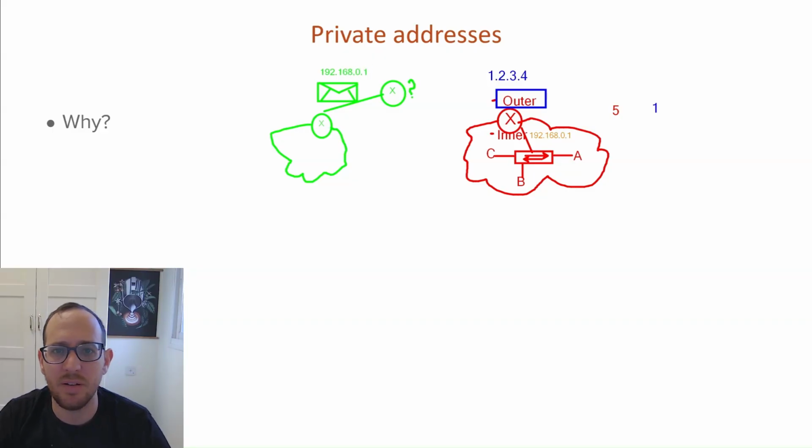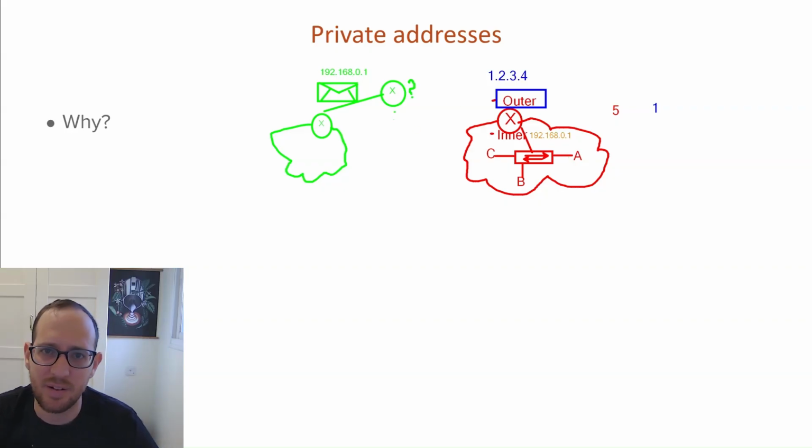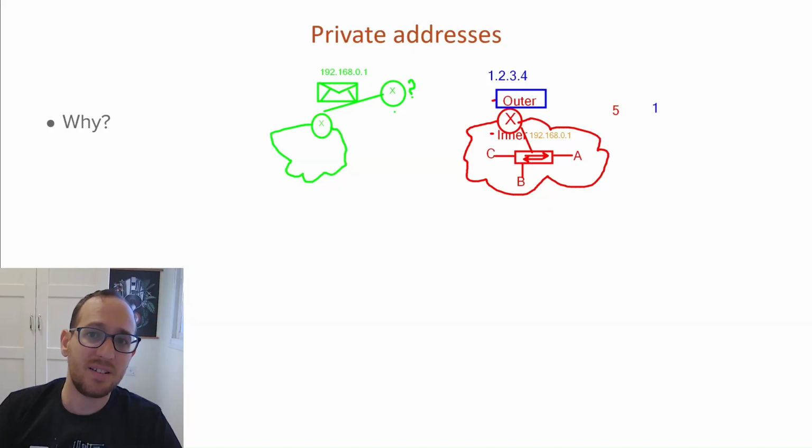I mean, is it the 192.168.0.1 in this network in Germany? Is it in another network in France? Is it in a network in the US? Since these addresses are shared, you cannot route them, so routers just drop these packets altogether.